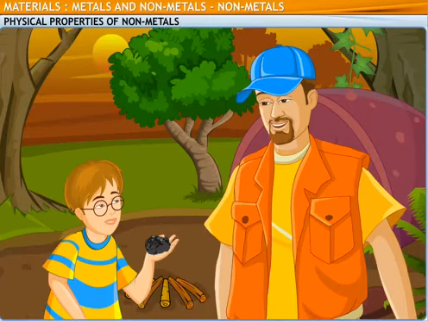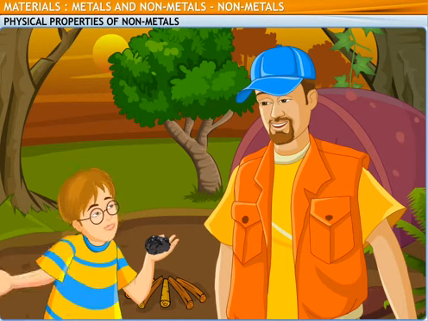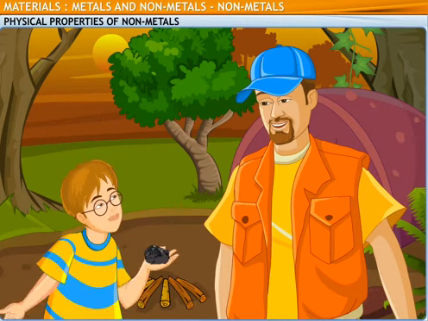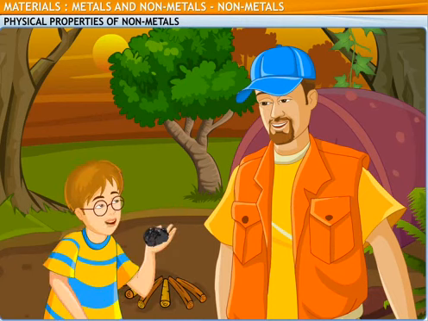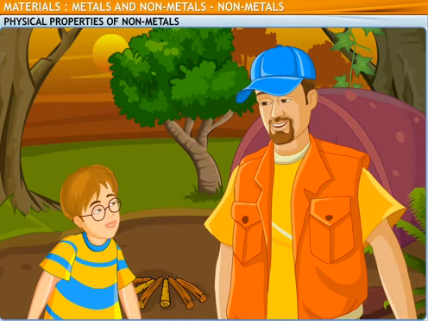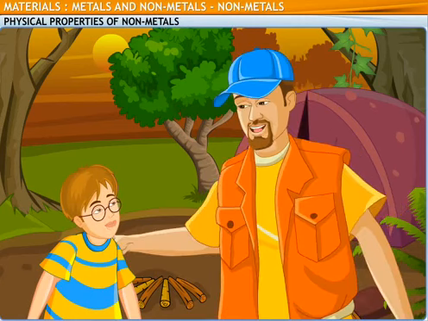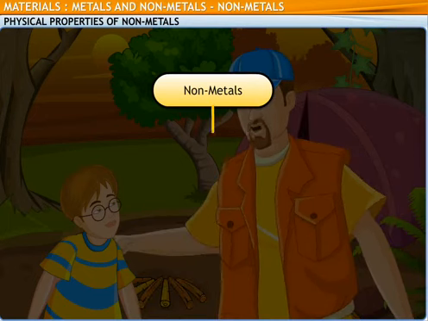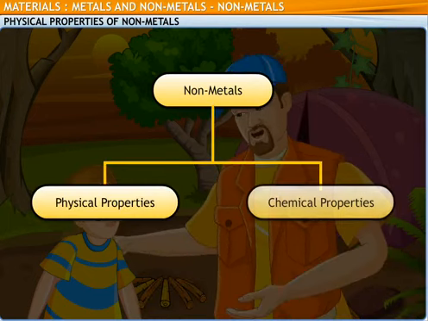I see that non-metals have a great deal of use in our everyday lives. How does one identify non-metals? Do they have any distinguishing characteristics? Yes, like metals, non-metals also have typical properties, which may be categorized as physical and chemical properties.